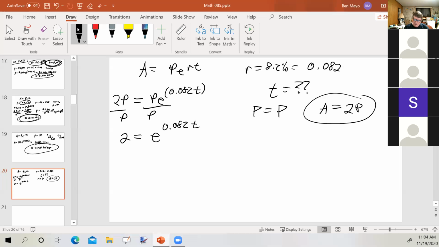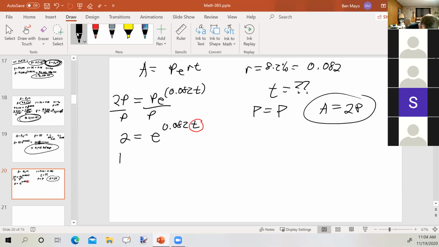Okay. So now I have an equation where my unknown is part of the exponent. So what am I going to do to solve this? I'm going to take this exponential equation and I'm going to rewrite it as a logarithmic equation.